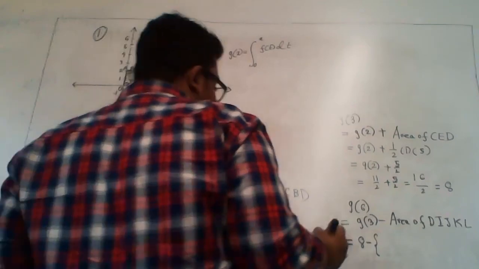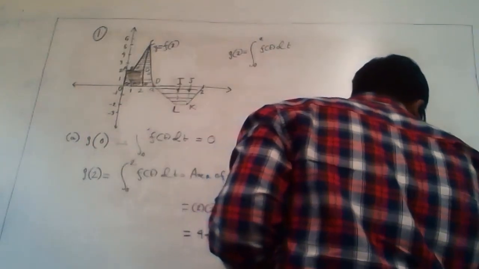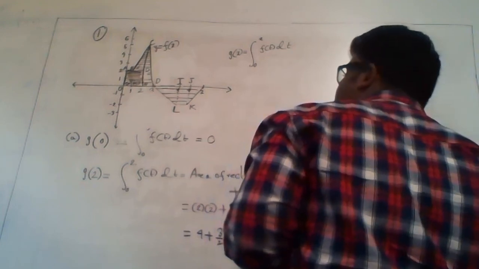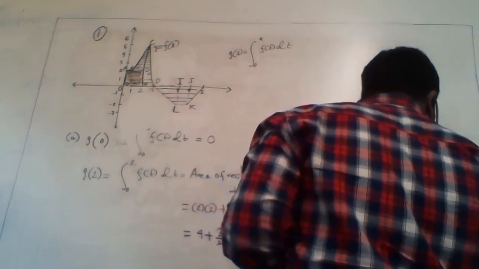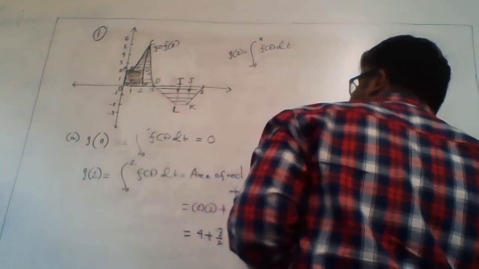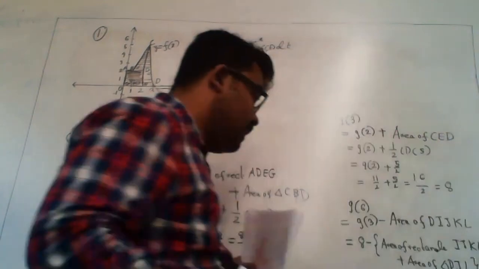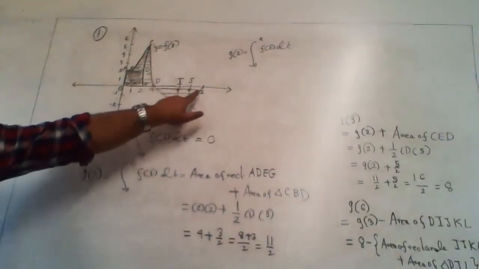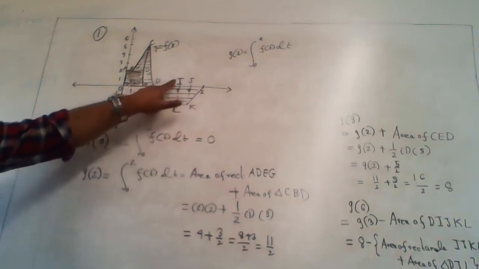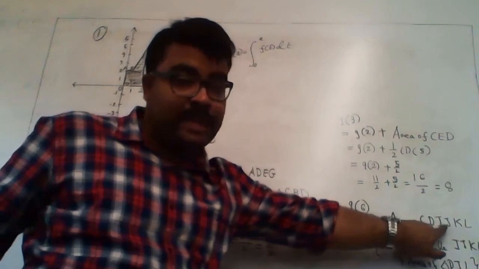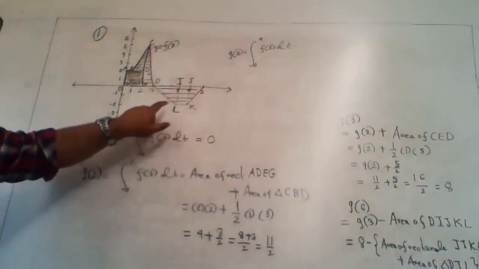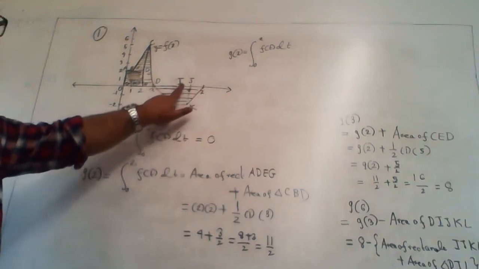So this is the area of rectangle IJKL plus area of triangle DIL. So the area of DIJKL can be divided into the area of this triangle plus the area of this rectangle.